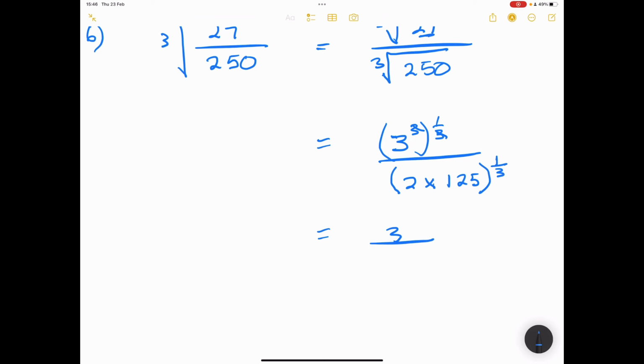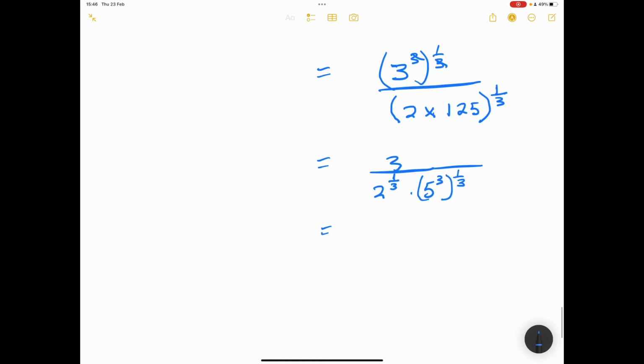But at the denominator, I've got 2 to the 1 over 3, multiplied by 5 cubed, which is 125, still multiplied by 1 over 3. So what do I have?